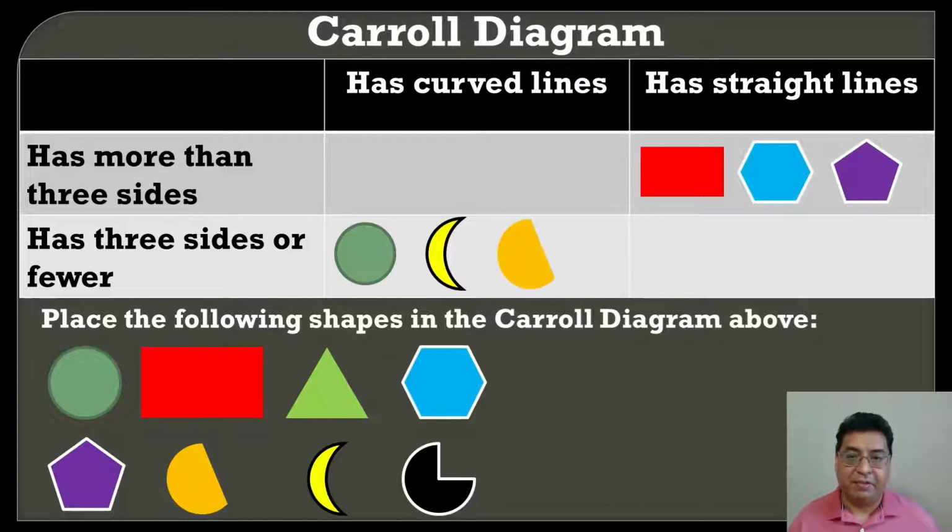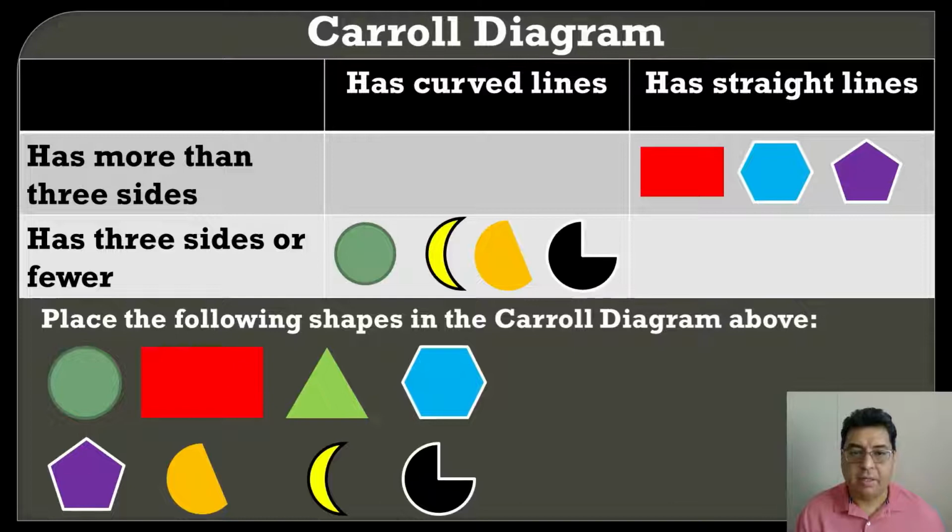And then we have this one here. We also have this shape here, and as you can see, these shapes all have curved lines and 3 sides or fewer. Let's go ahead and take a look at the last column now. And here it says has straight lines and has 3 sides or fewer.